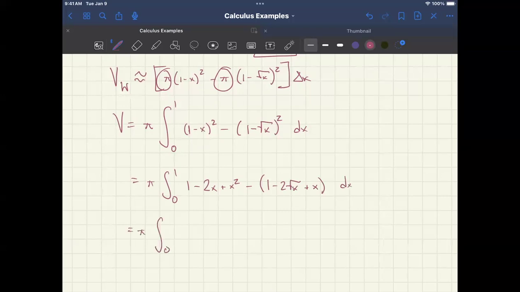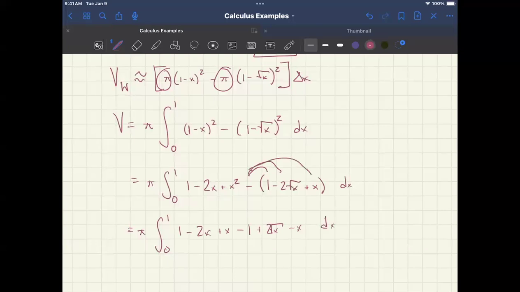Let's take care of those parentheses by distributing that negative sign throughout.